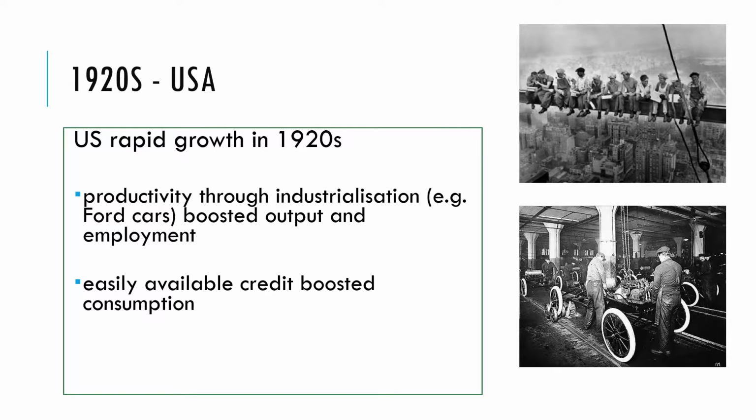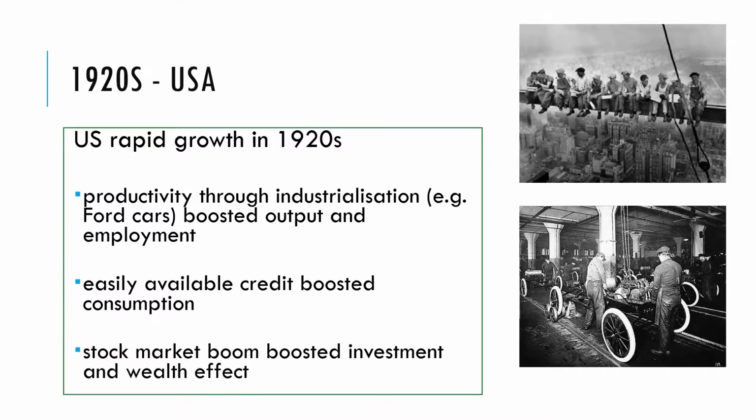Credit rules had been relaxed and there was lots of borrowing which had fueled consumption. So we had large increases in economic growth and a stock market boom. So we got possibly a kind of overheating economy in the USA in the 1920s.